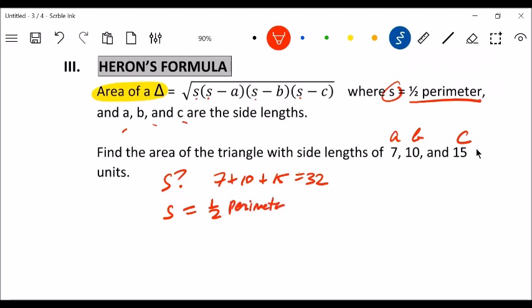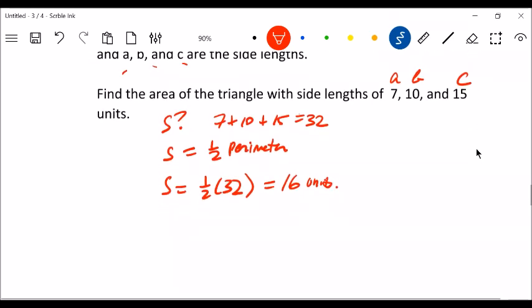So that means S is equal to 1/2 of 32, which is equal to 16 units. So S is 16.